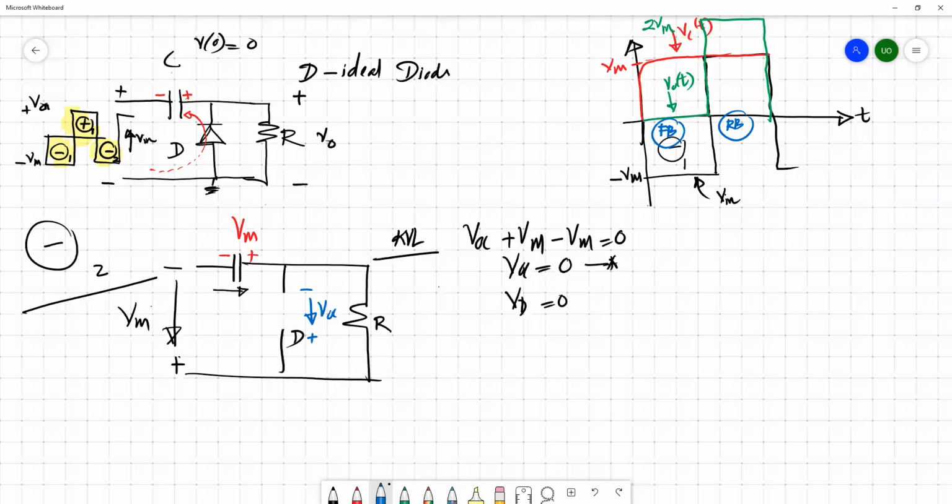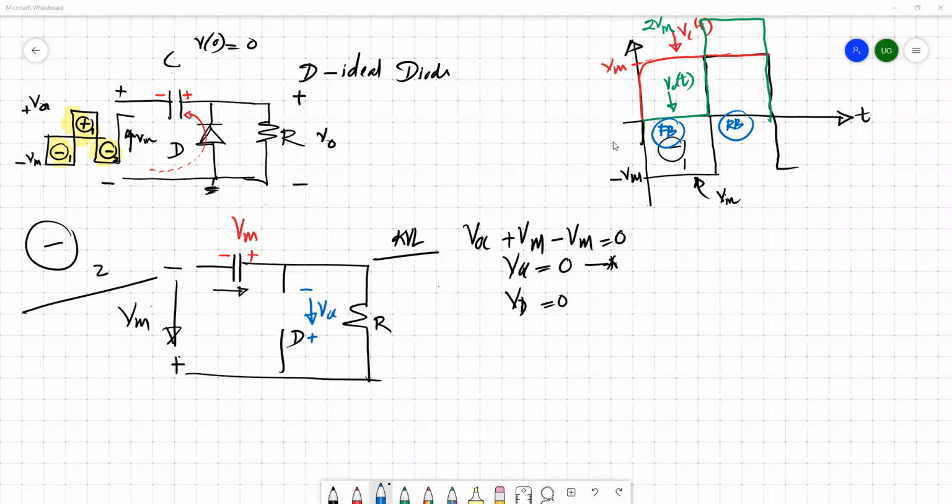So it means my screen is not sharing. What about now? Can you see the screen? Still it's not there.